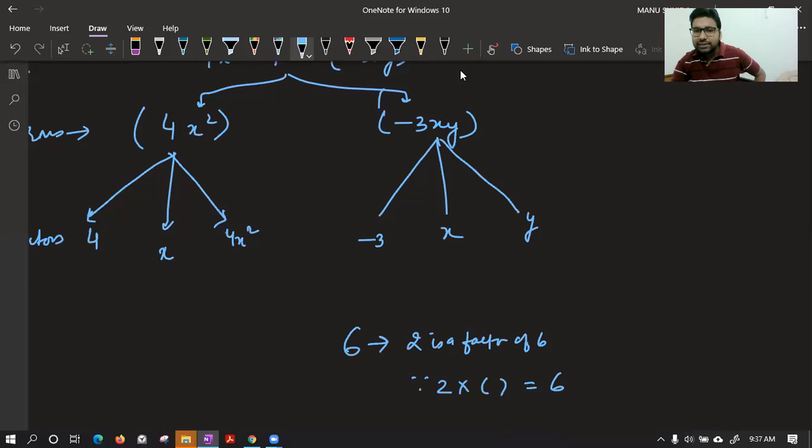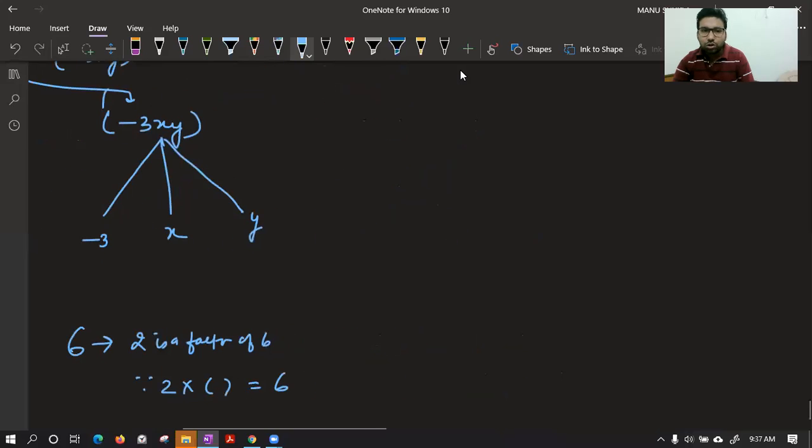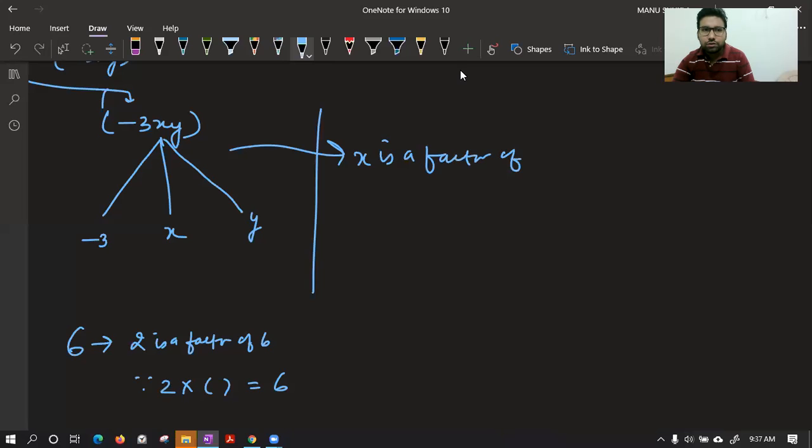Similarly, in this example I can say x is a factor of minus 3xy because x into what? Class, please tell me. Can we get something in multiplication with x so that we get minus 3xy? Please tell me.